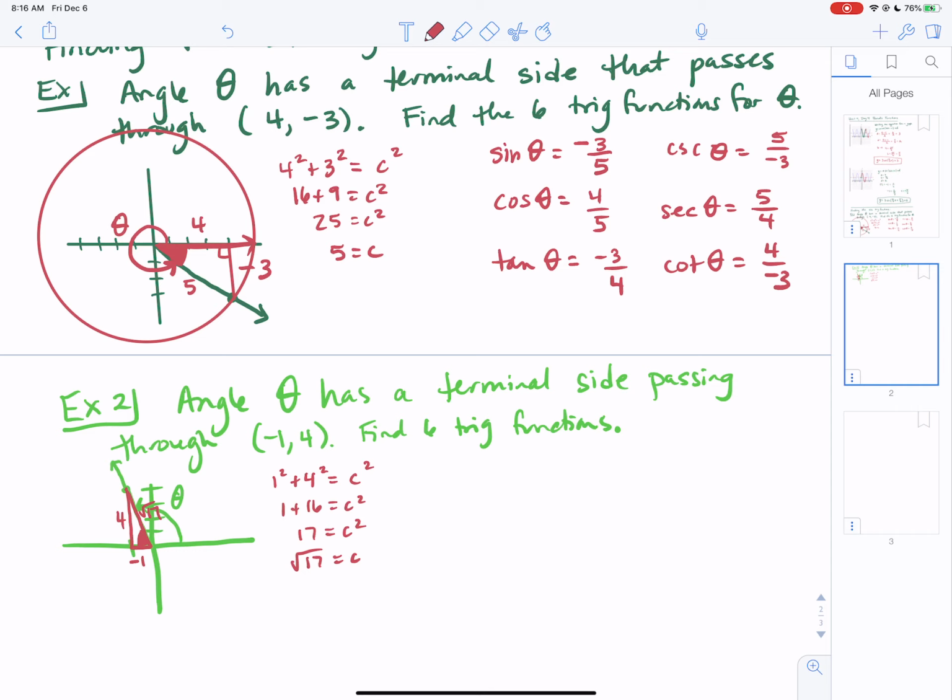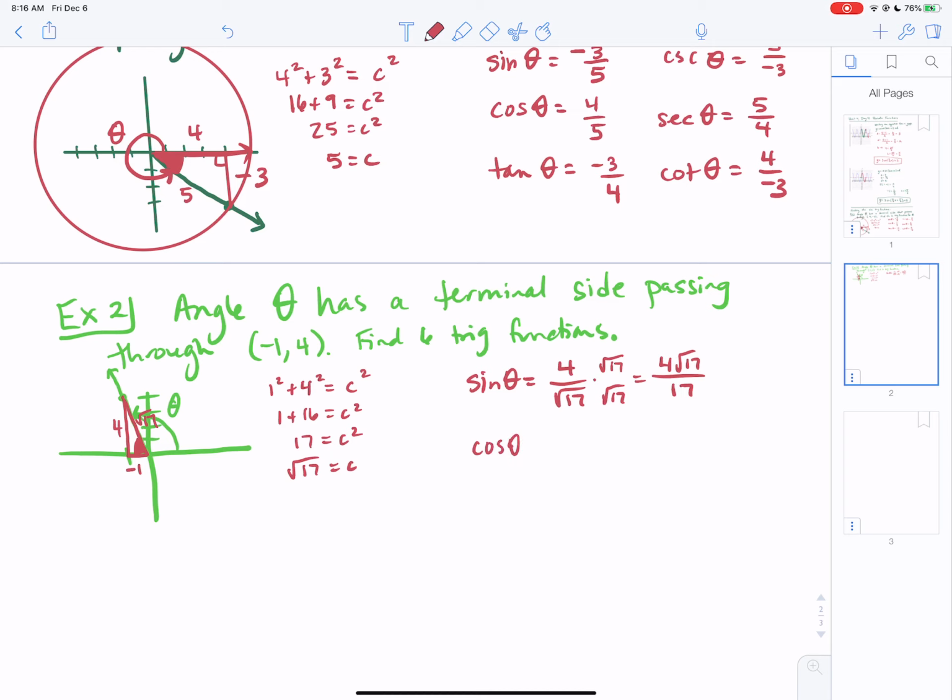All right, so the 6 trig functions. So sine is going to be opposite over hypotenuse, so opposite our little reference angle. We shouldn't leave a square root in the denominator, so I'm going to multiply top and bottom by root 17, and we get 4 root 17 over 17.